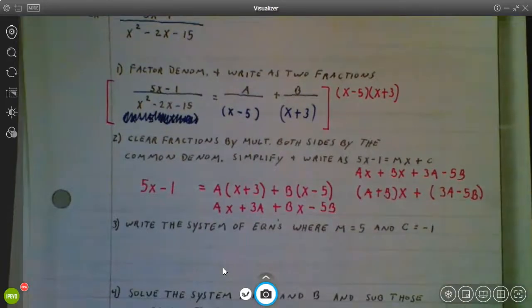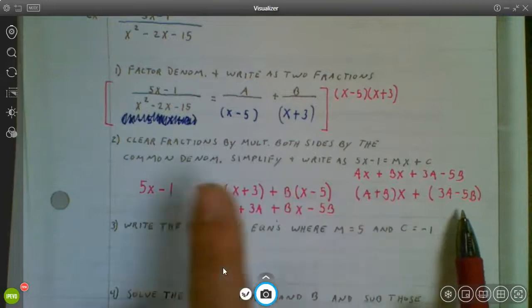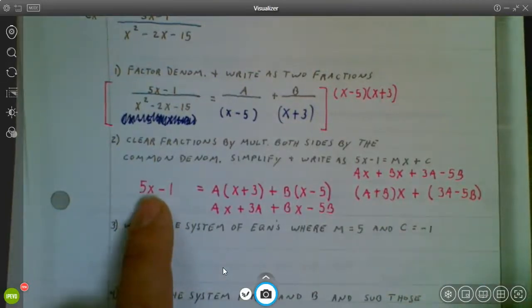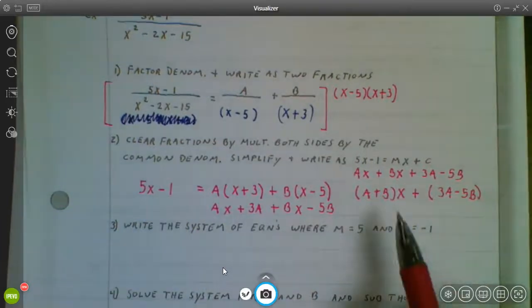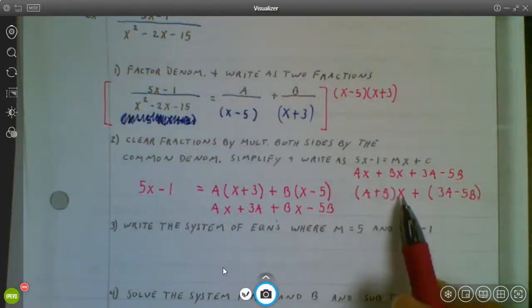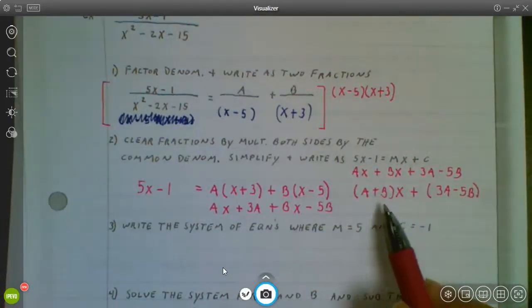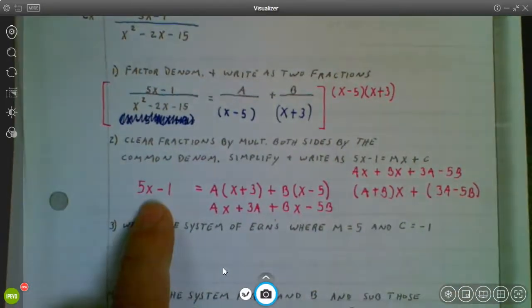So there we go. So now this is fitting this description, because notice this is something times x and then your constant. So I now have something times x, and then this represents my constant. So this is now in the form of this guy right here.